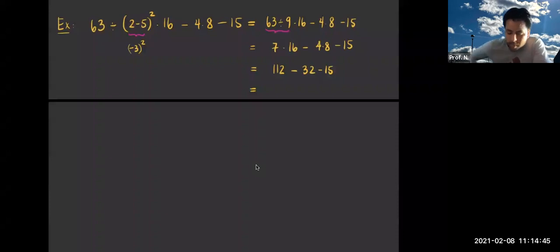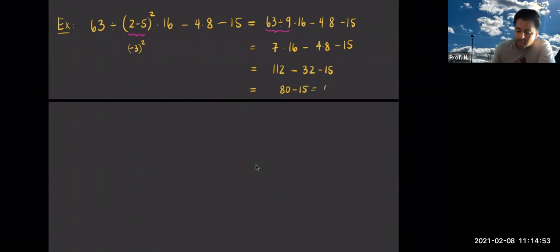So what's 112 minus 32? It's 80, right? And 80 minus 15 is 65. So the answer is 65. Okay, so good.